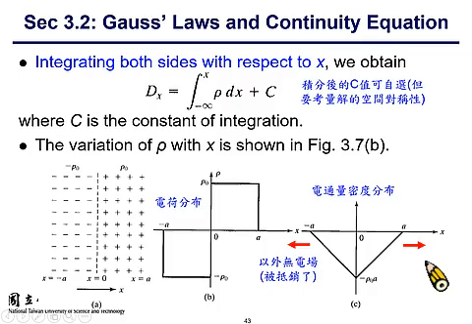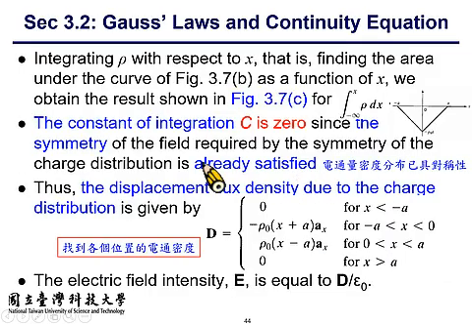Alright, so according to Gauss's law for the electrical field, we can find the field distribution in this geometry rather simply.